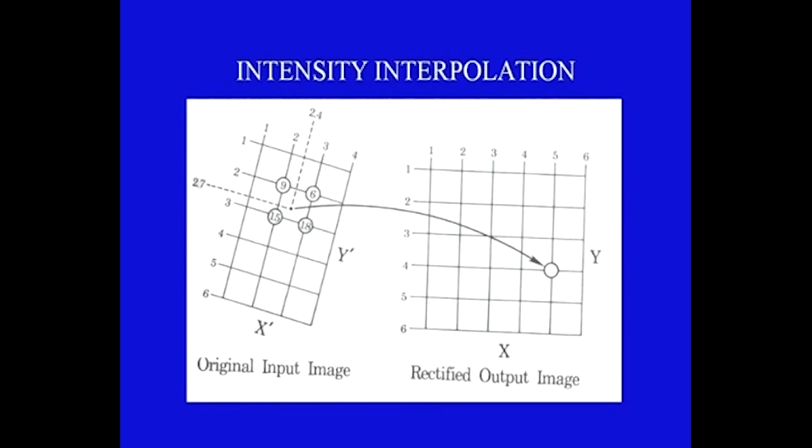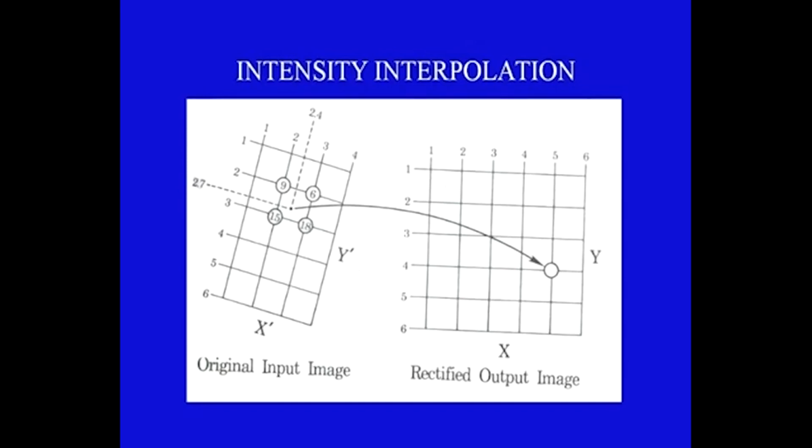This particular figure shows the concept of nearest neighborhood intensity interpolation, wherein on the left hand side we have the original input image and on the right hand side we have the rectified output image. We first find out what is the relationship between these two, and on the basis of that we find out where the center of the pixel in the rectified image lies on the original input data.